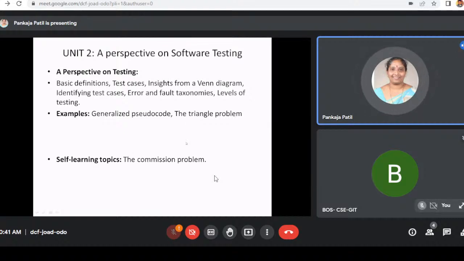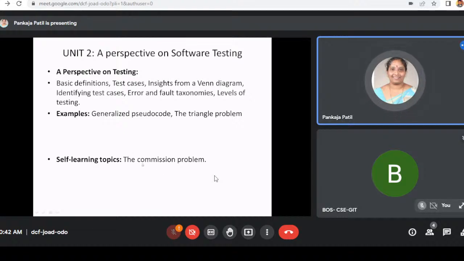With respect to these three examples: in the triangle problem, given three sides of a triangle, you're going to find out what type of triangle it is, whether isosceles, equilateral, or scalene. And you're going to study how to write a test case to test whether the program you have written for the triangle is performing and giving the correct result or not.